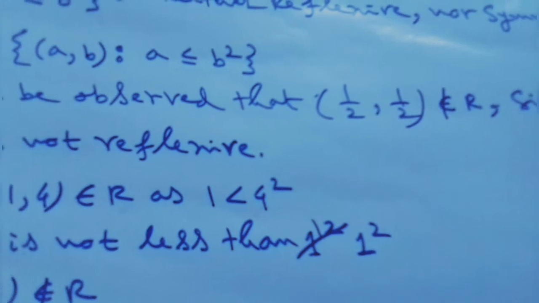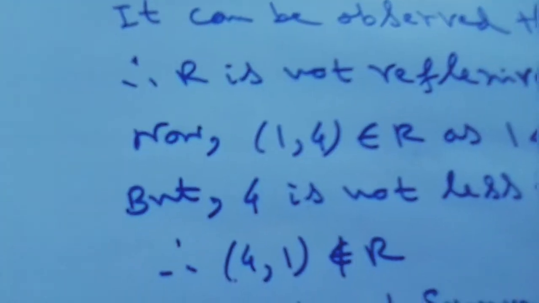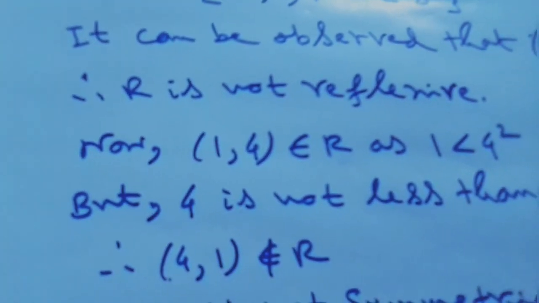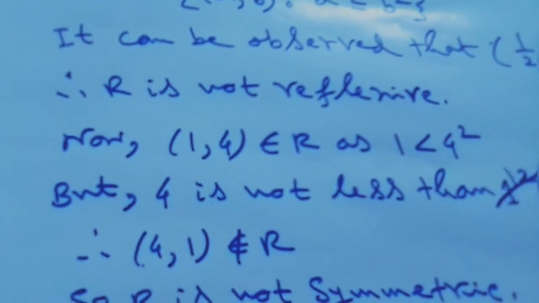It is clear that 1/2 is not less than or equal to 1/4, so this relation doesn't hold. Since 1/2 is greater than (1/2) squared, which equals 1/4, R is not reflexive.